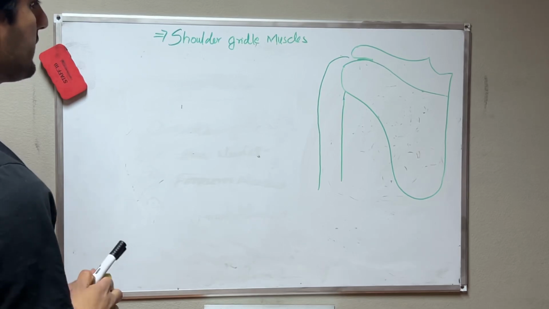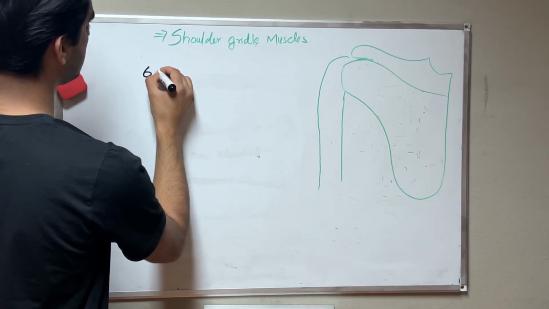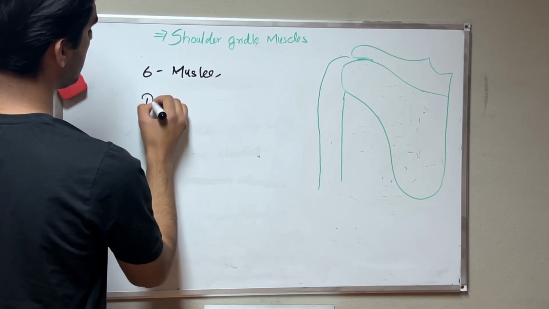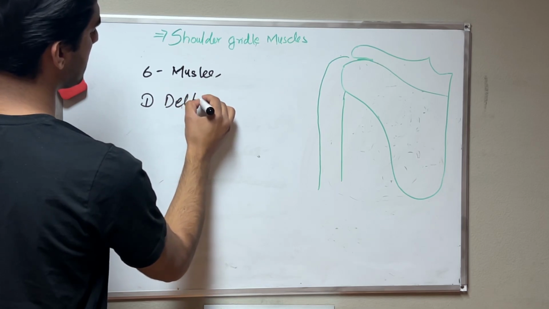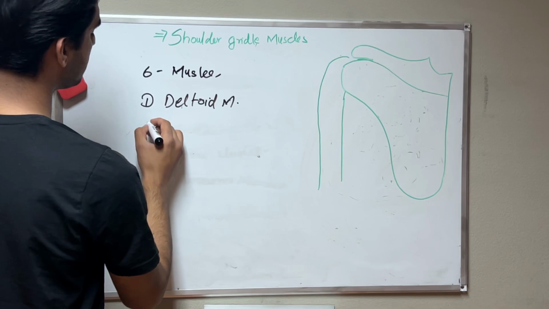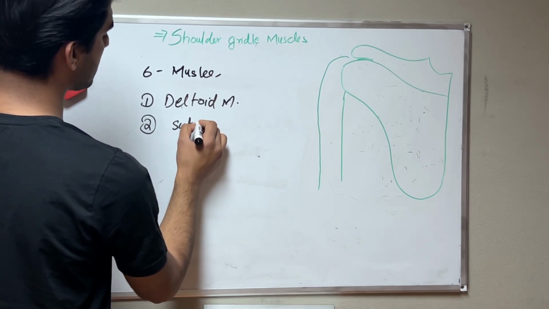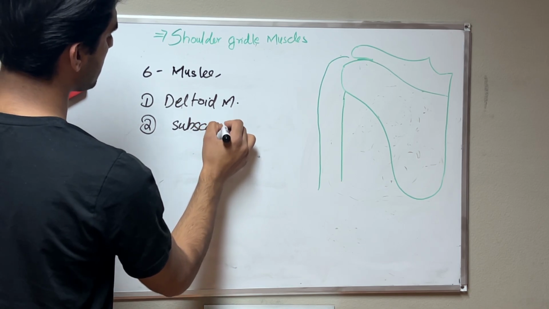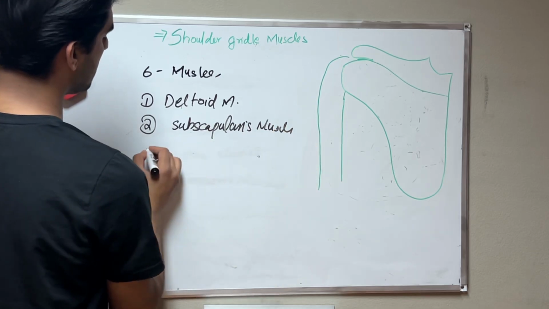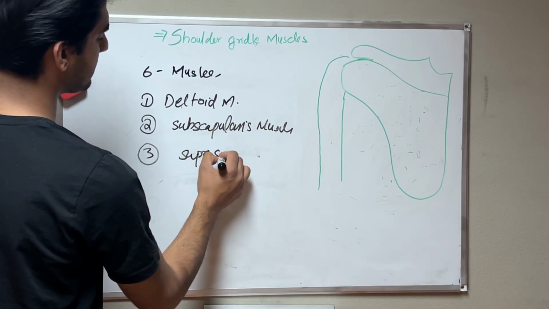Okay, the shoulder girdle muscles, we have six muscles. First we have the deltoid muscle, musculus deltoidus. Second we have the subscapularis muscle. Third we have the supraspinatus fossa.